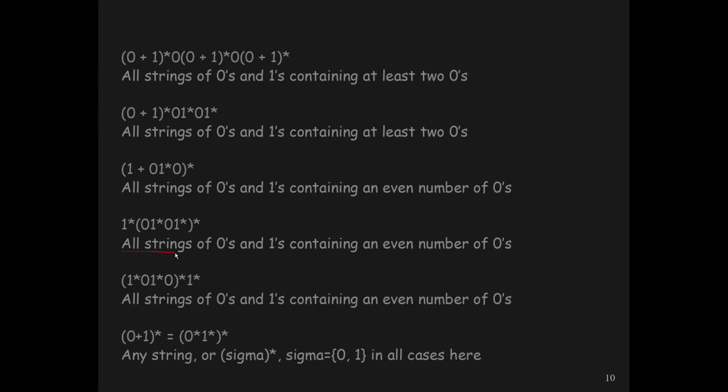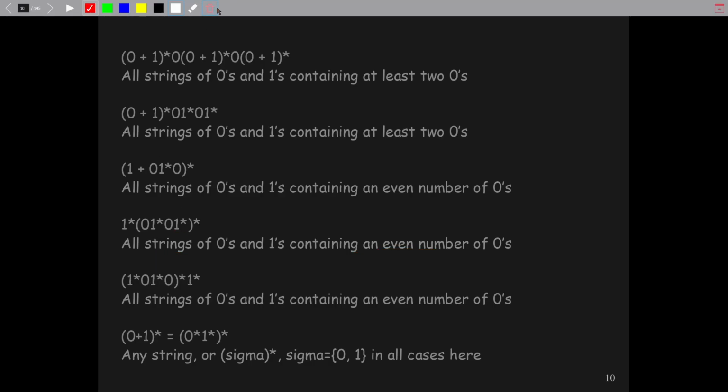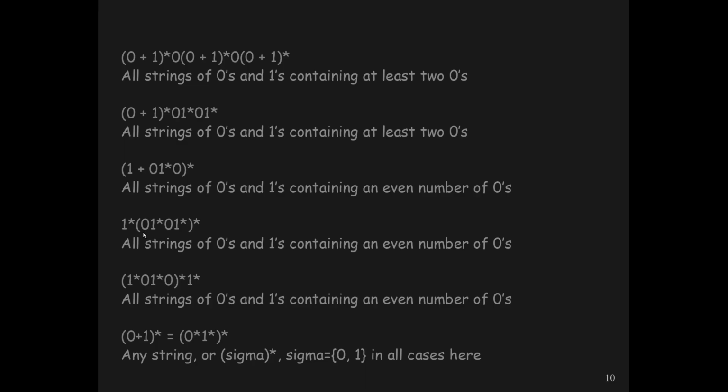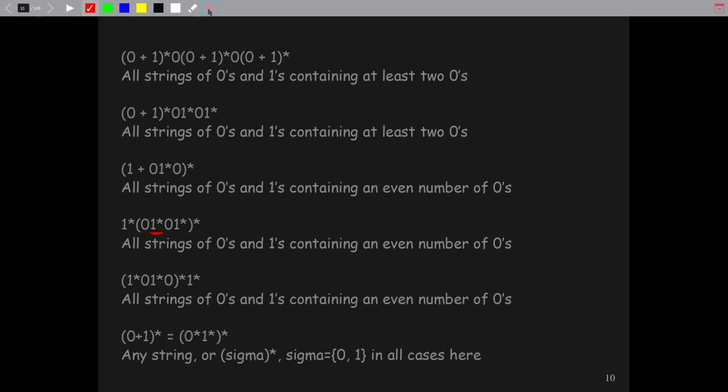Next up is another regular expression that describes the same language. You can start the string with ones, you can end the string with ones, that's something. And in between the two zeros, you can have any number of ones, so that's also something to consider.